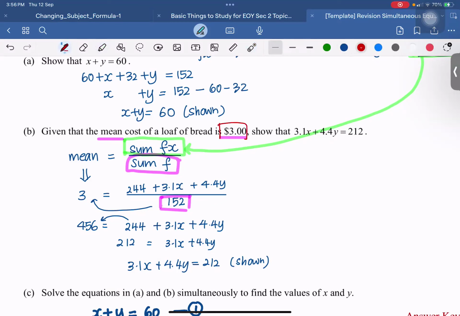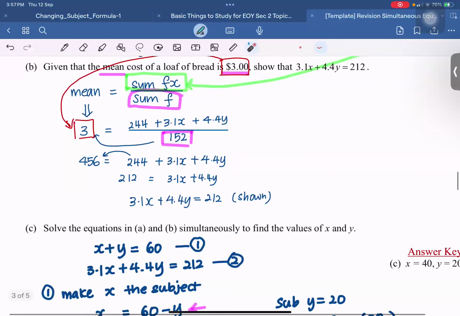This is $3. Replace it here. Then we deal with it step by step. Cross multiply. 152 times 3 becomes 456, equals the whole of this. Then I don't want the number 244, so I get rid of 244. Then I get my second equation.